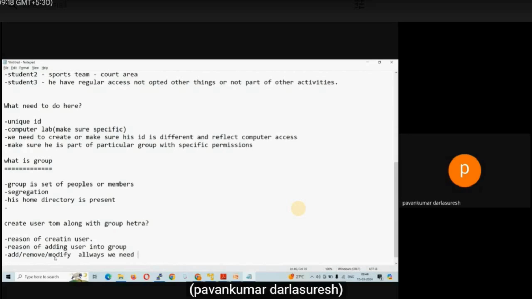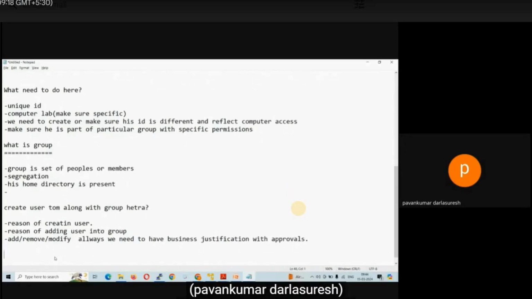Always we need to have business justification with approvals. Make sure it is a very important and very sensitive area in your career.